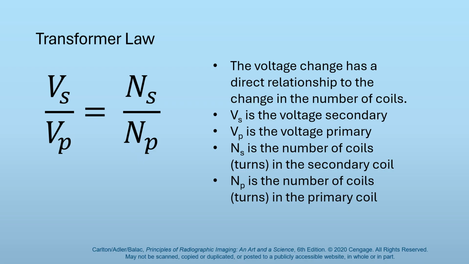The voltage secondary to the voltage primary is equal to the number of turns or coils of wire on the secondary coil versus the number of turns or coils of wire on the primary coil. Now for an auto transformer, it's the number of turns included between the connections, between the endpoint connections. Okay.